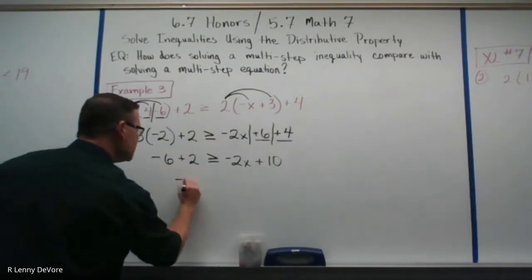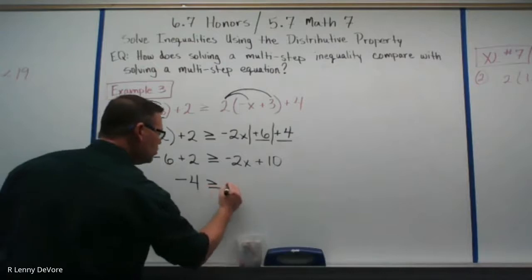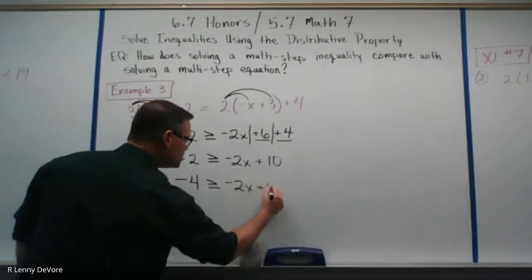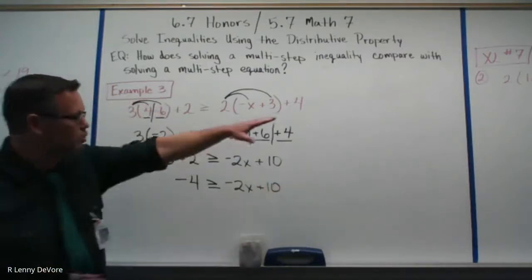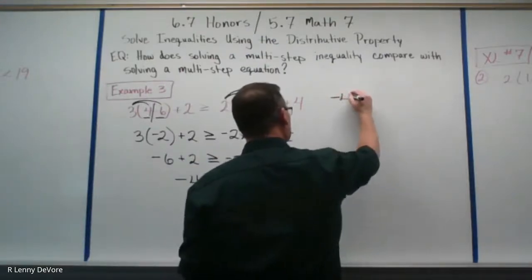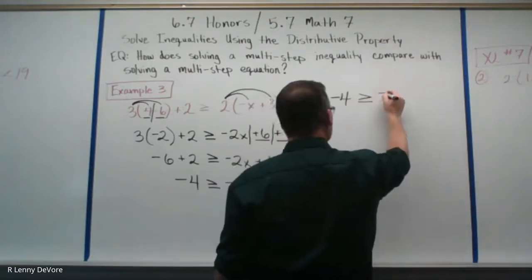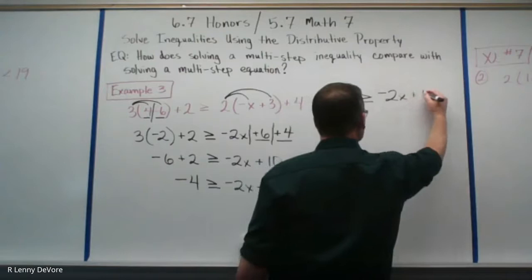This becomes -4 is greater than or equal to -2x plus 10. Now, this is where it gets a little bit more, so I'm going to move this over here, okay? So I'm going to rewrite it. -4 greater than or equal to -2x plus 10.